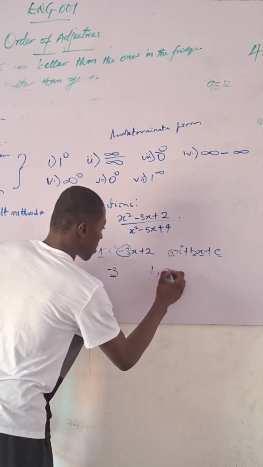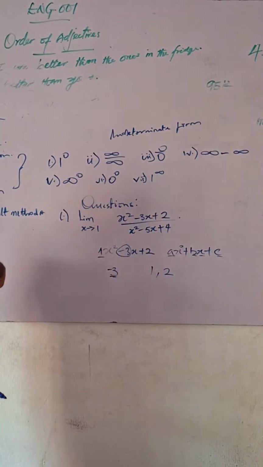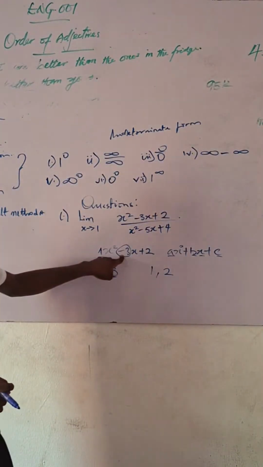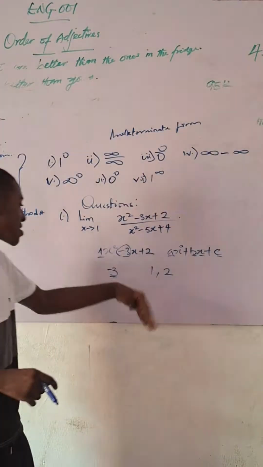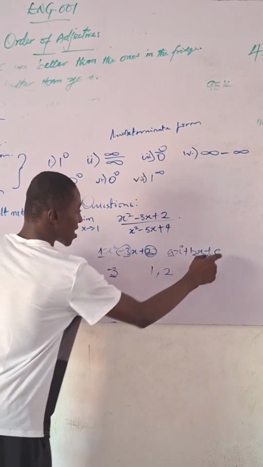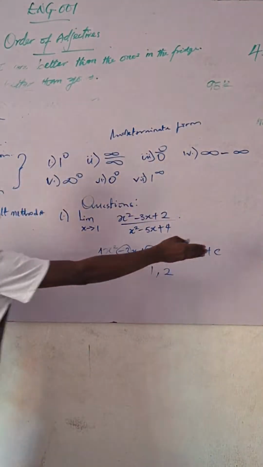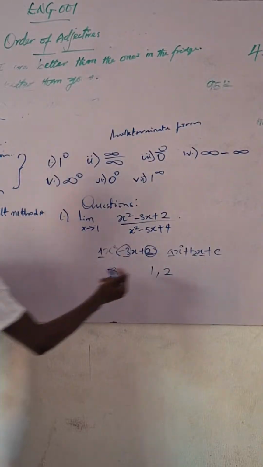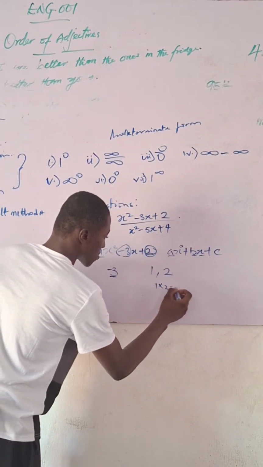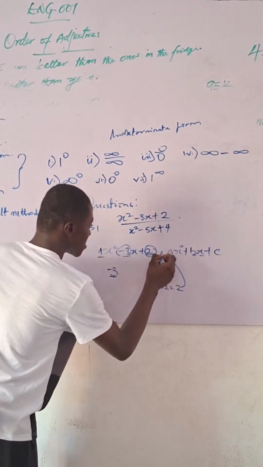So 1 and 2, guys. What can you do to make it be minus 3? And when I multiply it, it will give me back this C. So now, if I do 1 times 2, it will give me 2. This 2 is the same as this one here.